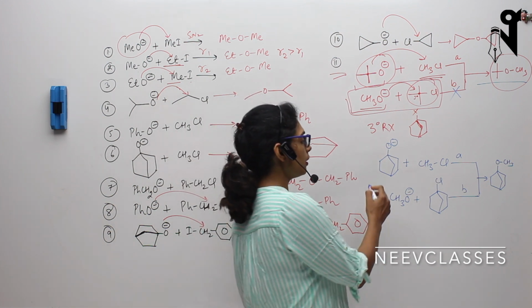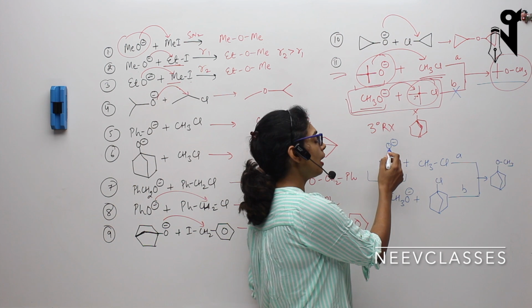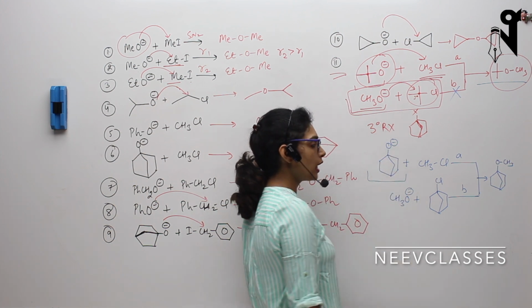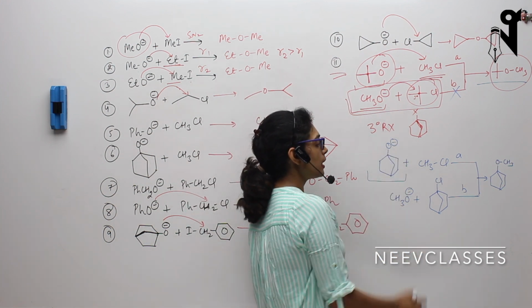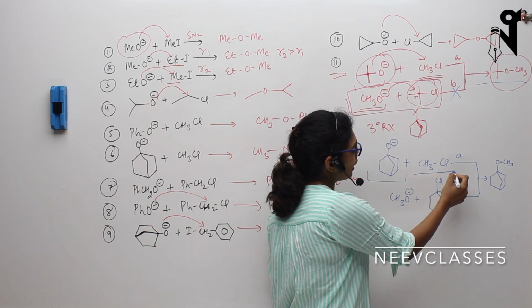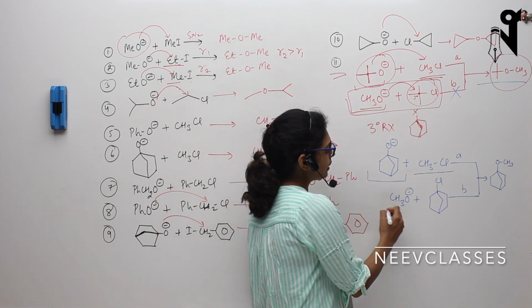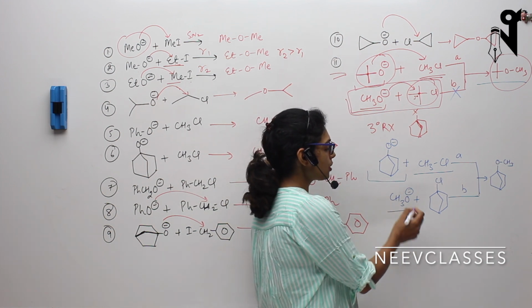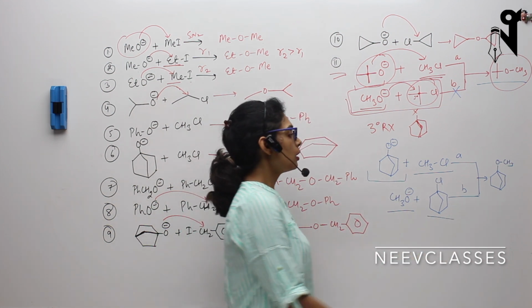In the first case, pathway A, we have taken O minus or alkoxide on the bridgehead carbon. So the alkoxide is a bicyclo compound where O minus is on the bridgehead, whereas the alkyl halide is a primary alkyl halide. It could be a secondary alkyl halide also. Whereas in the other case we have taken the alkoxide ion as CH3O minus, and we have taken chlorine on the bridgehead carbon.